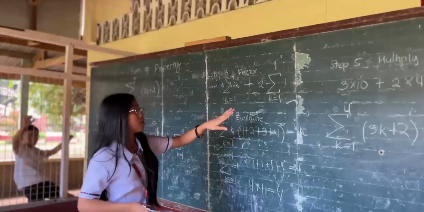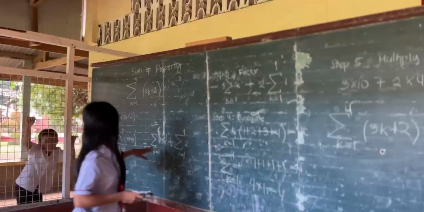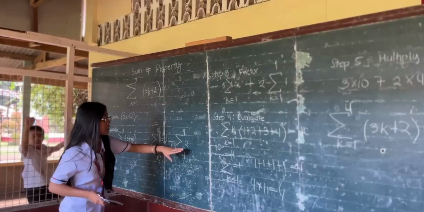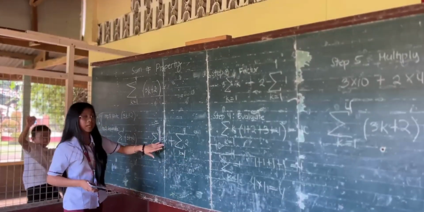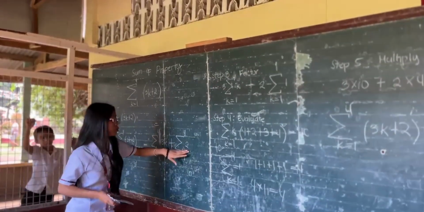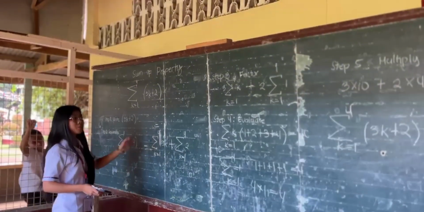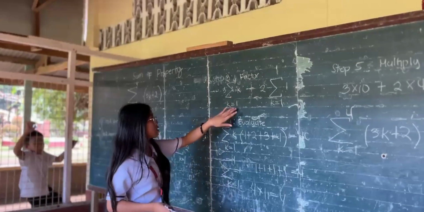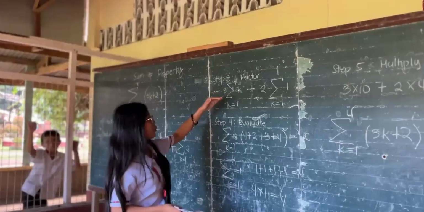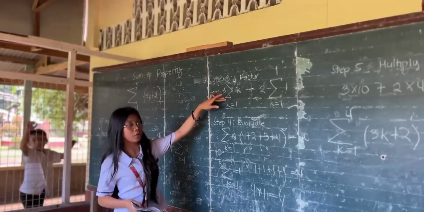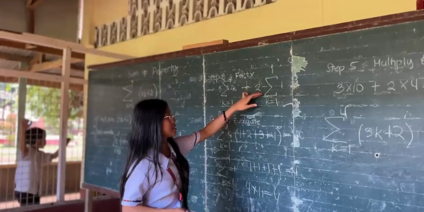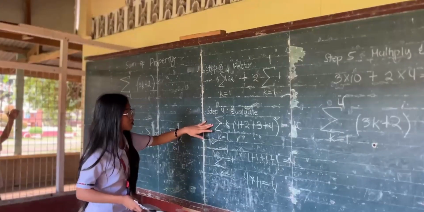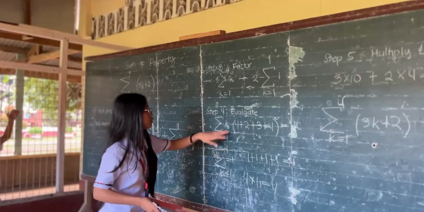To factor it, we just transpose that 3 to the right, so we have 3 times the summation of k where k equals 1 to 4, and as we can see, the 3 is already here, together with this. So step 4, we evaluate the summation of k where k equals 1 to 4.